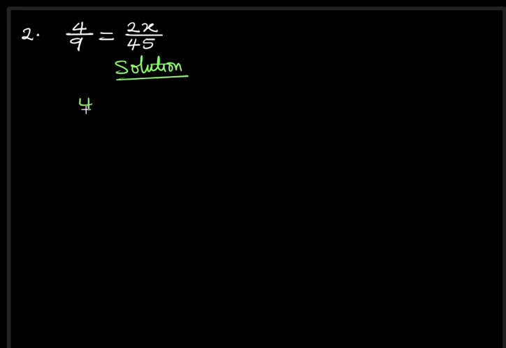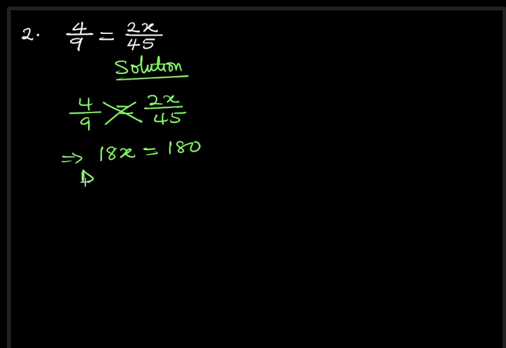Solution. What do we have? 4 over 9 equal to 2x all over 45. Cross multiply. So 9 times 2x will give us 18x is equal to 4 times 45. 4 times 45 will give us 180.